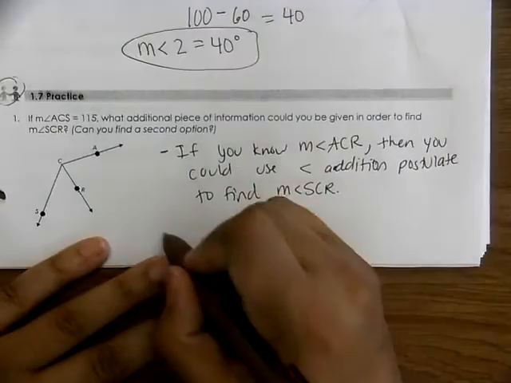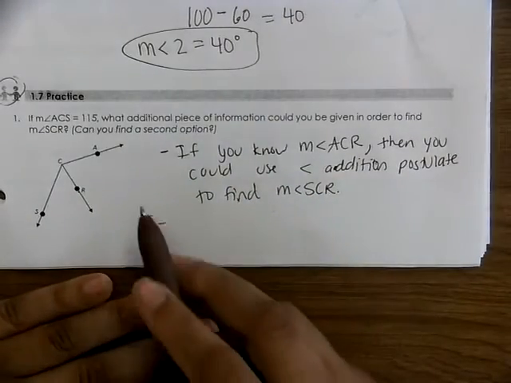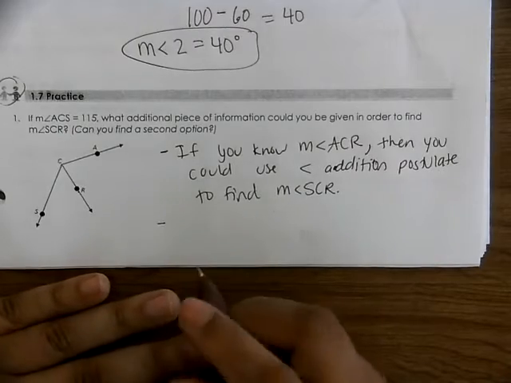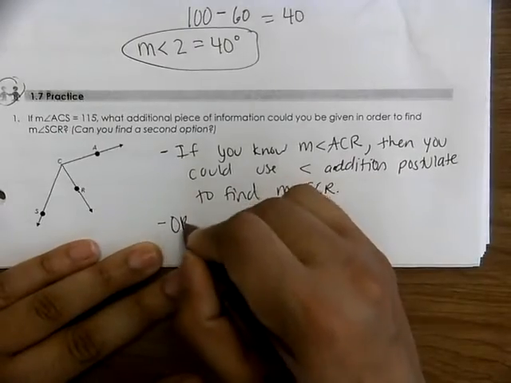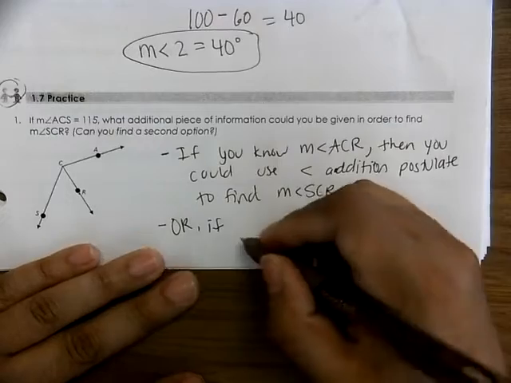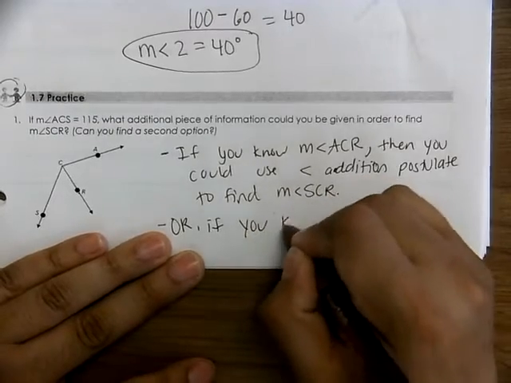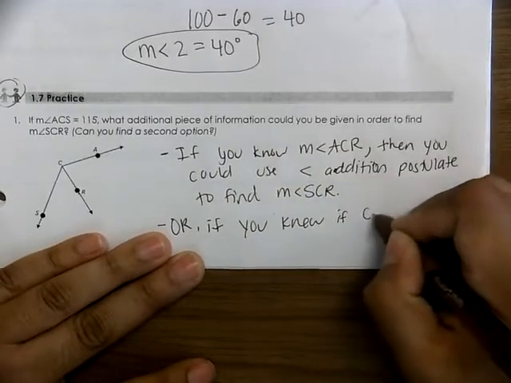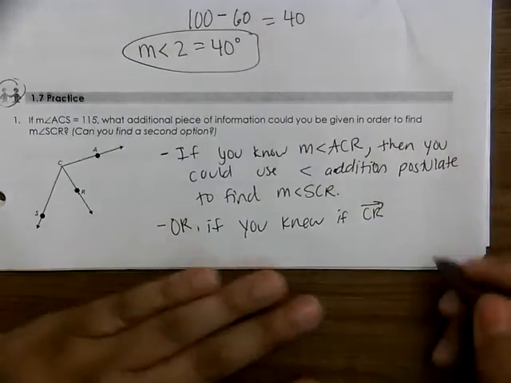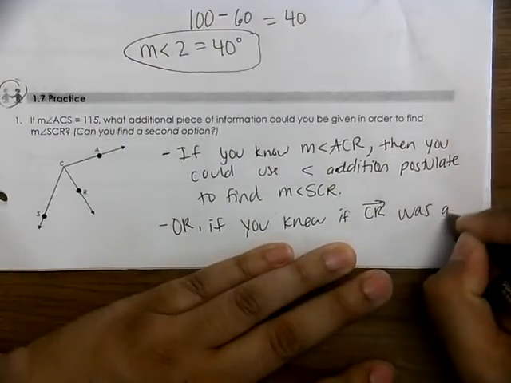The next thing would be if you knew that ray CR was an angle bisector.